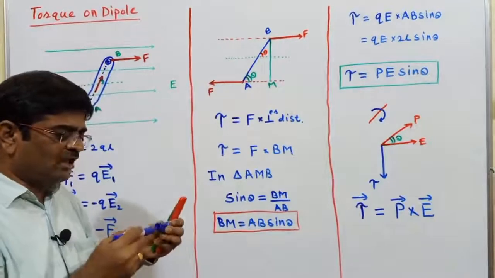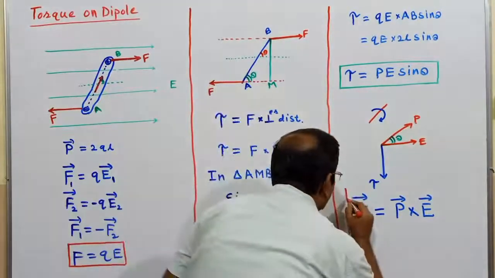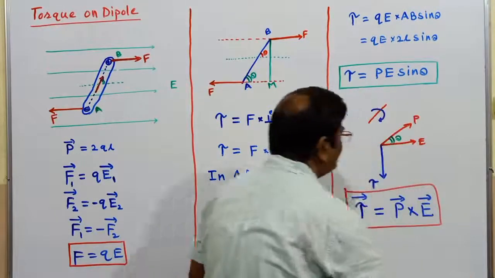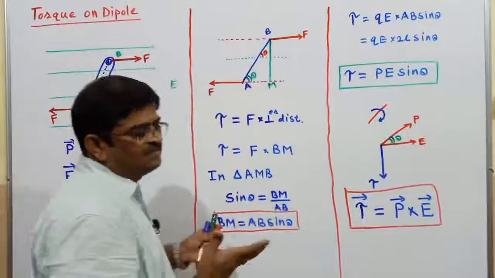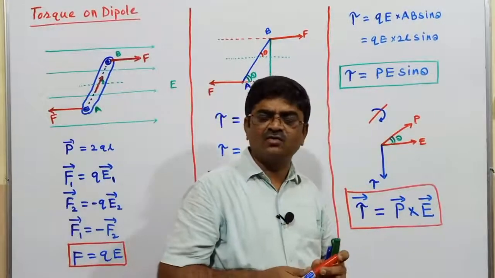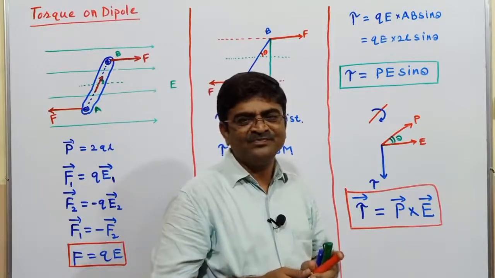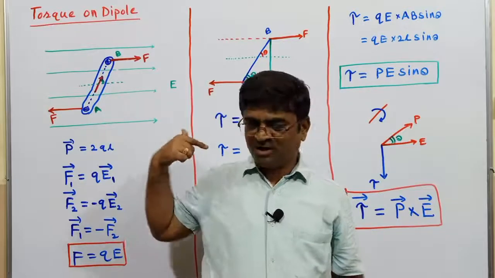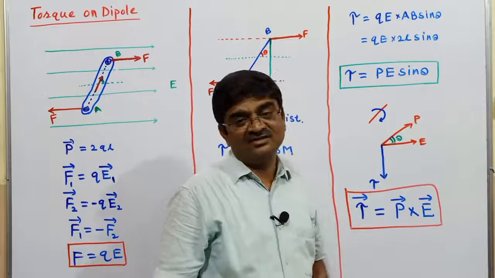So with the help of simple visualization, I could write this equation in vector form, and this is how we can deal with the direction of torque with the help of the right hand rule. And this is all I have in connection with torque on the dipole. So have a glance over it, note it down. We'll go with the next important concept, again in connection with the dipole.